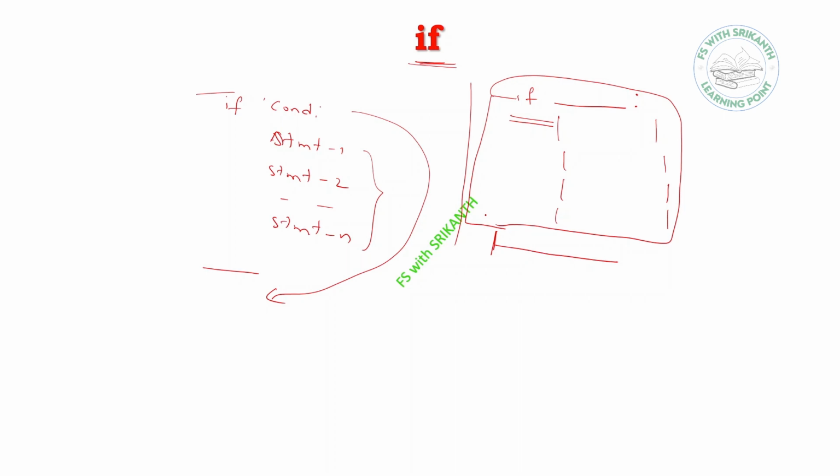These are conditional statements, right? So what is the flow of control? Every programming language has a similar flow. This is a condition and there are two paths, one is false, one is true.